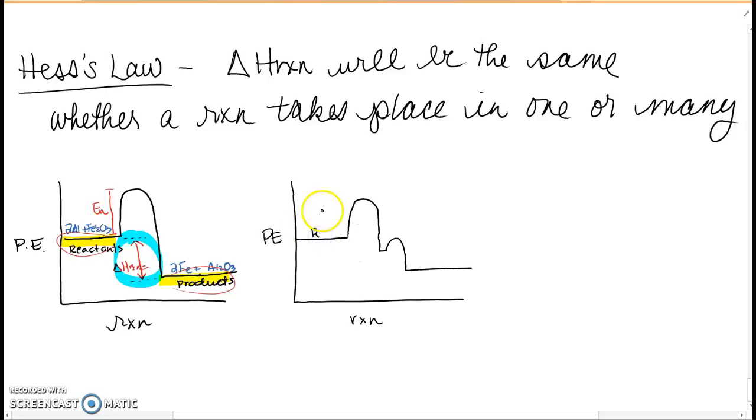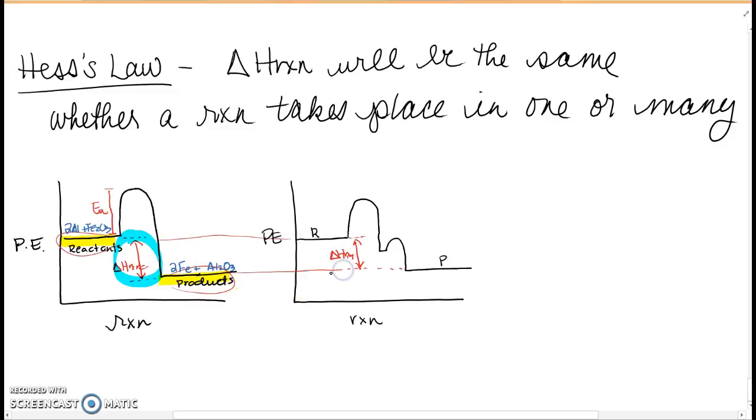So here are my reactants, here are my products. But notice that the difference between reactants and products is the same heat of reaction as here.